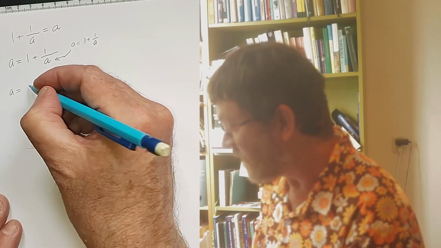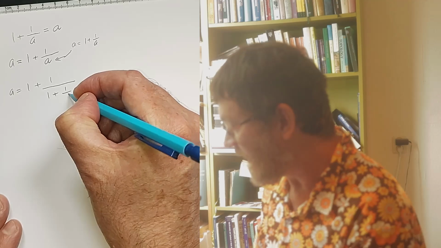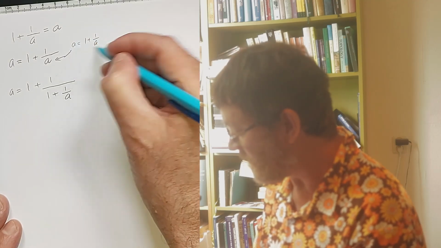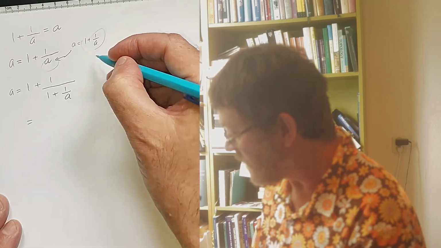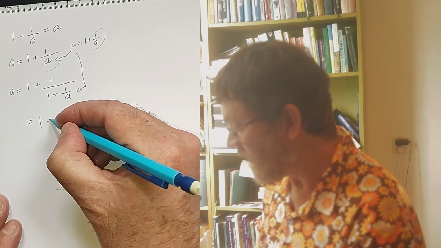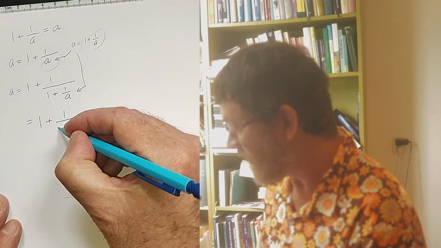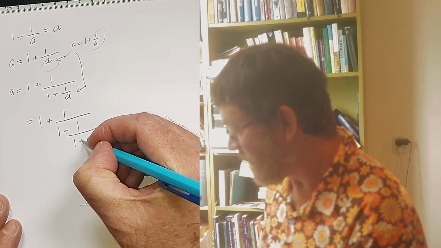So now a equals 1 plus 1 over 1 plus 1 over a. You see? You just put that value of a in where the a was. And we can do it again. We can put that value of a in here instead. And then we get 1 plus 1 over 1 plus 1 over 1 plus 1 over 1 plus a.